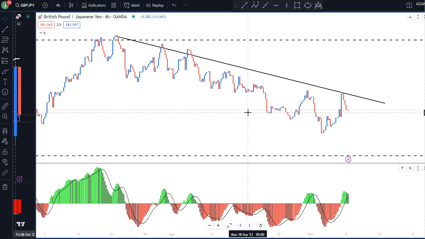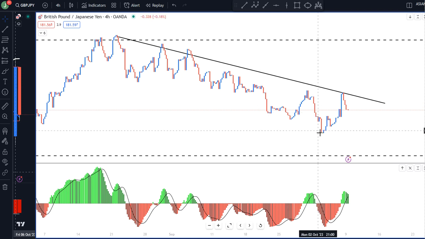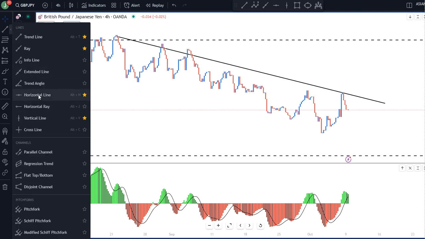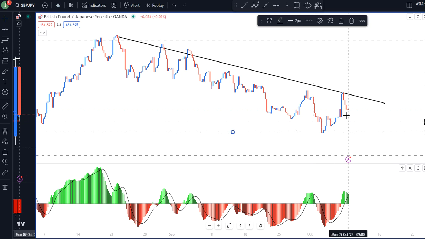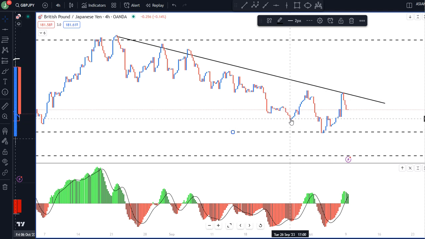Price came down, obviously stopped here and turned around. So let's go ahead and identify that by dropping us a horizontal real quick, right? Price came up here, pulled back, stopped here, and then aggressive move up. Price came down, stopped here, aggressive move up. So let's identify that, right?